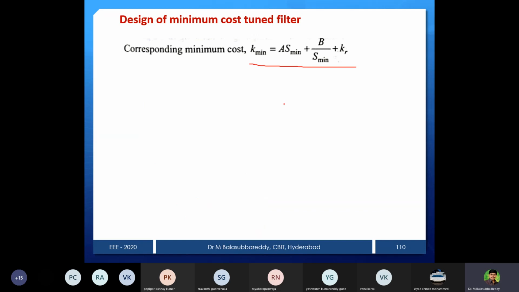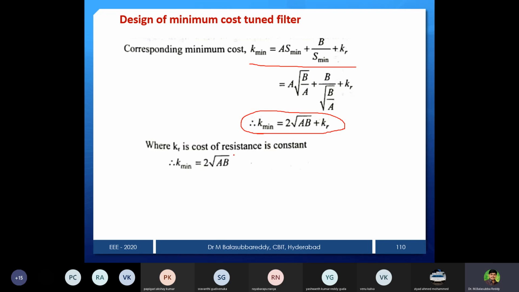K min is equal to this one, and from this you can just substitute what is S minimum, because K minimum is nothing but S minimum only. The size is proportional to cost, no? So S minimum is already derived as root of B by A. And if you do the simplification, you will get K min equal to this one, same as the previous expression.